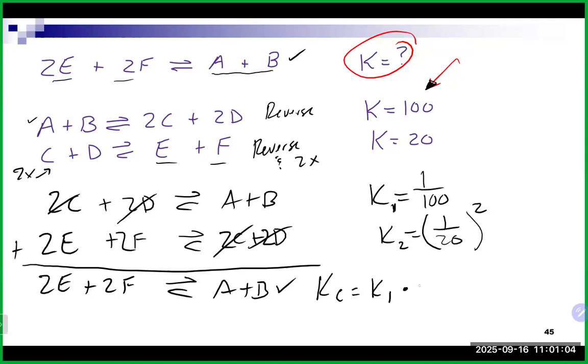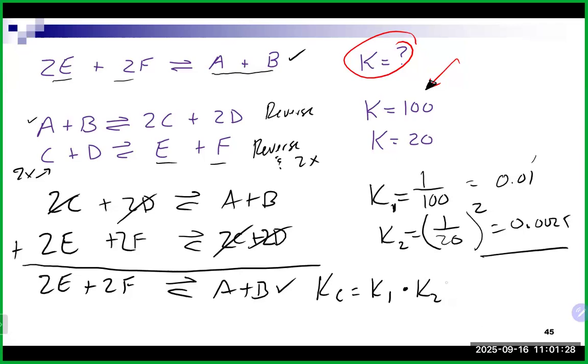Remember, we're not going to add, but multiply, right? The two K values in this case. So if we individually get some numbers, 1 divided by 100, 0.01. 1 divided by 20, and then square it, gets us 0.0025.